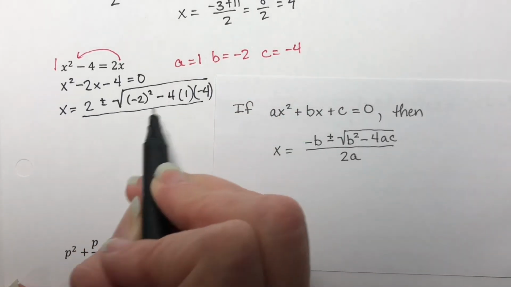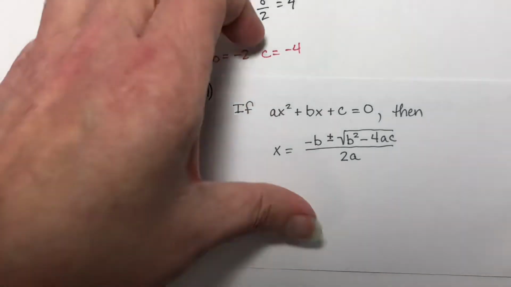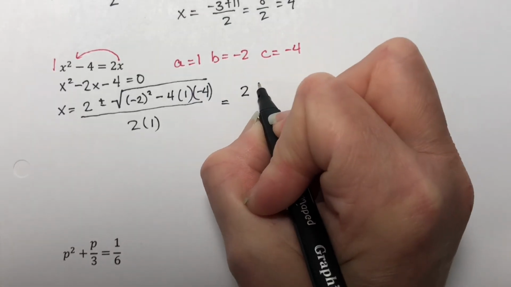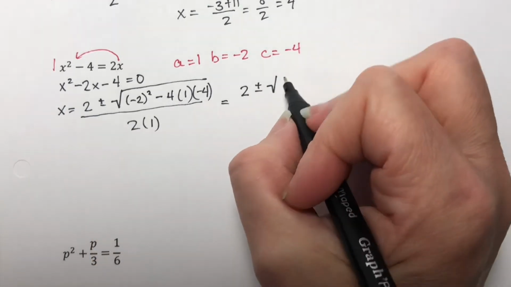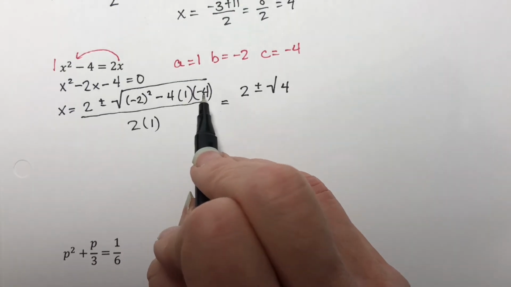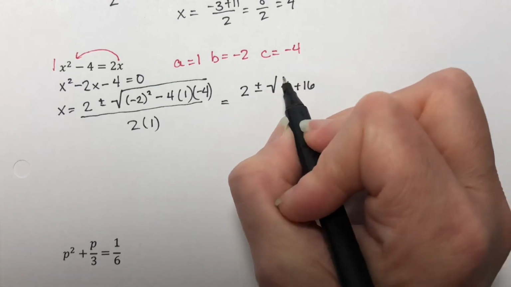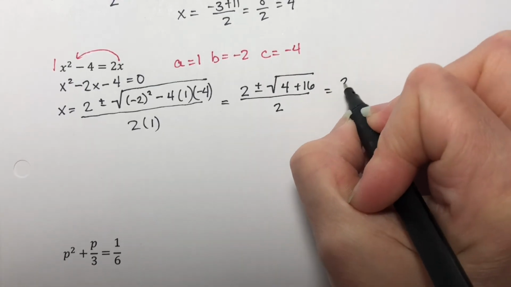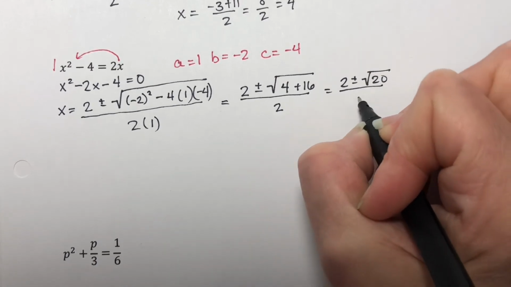This is all over 2 times a, which is 2 times 1. So I have 2 plus or minus the square root of (-2) squared, which is 4, minus 4 times 1 times -4, that's going to be -16, so this is plus 16, all over 2. So this is 2 plus or minus the square root of 20 over 2.